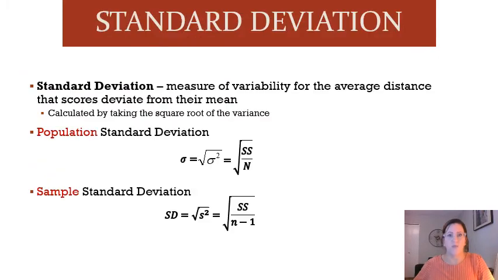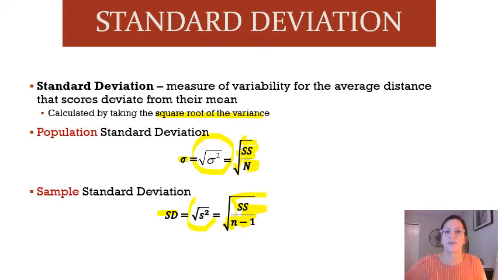So when we calculate the standard deviation, it's as simple as calculating your variance, and then taking the square root of that variance. So here, if you'll notice, the standard deviation is the same equation as the variance, but with a square root over the top of it. So in actuality, you can just take your variance that you calculated and take the square root of it.